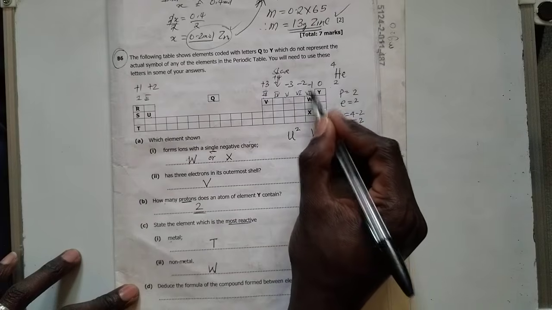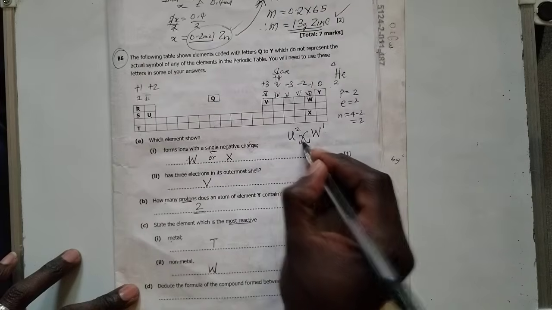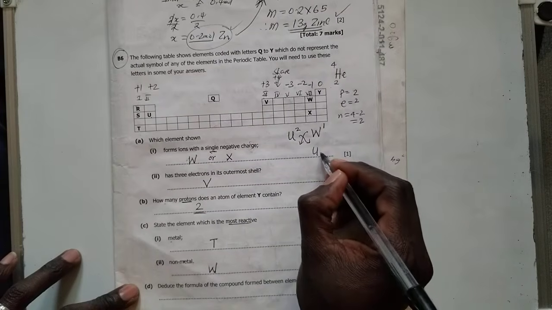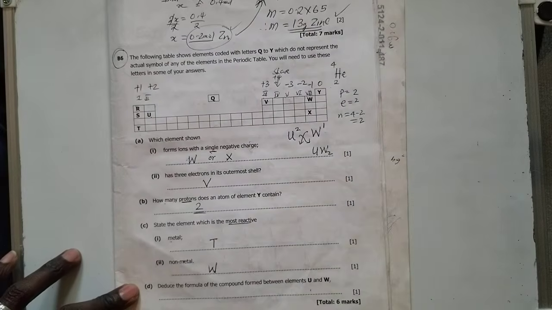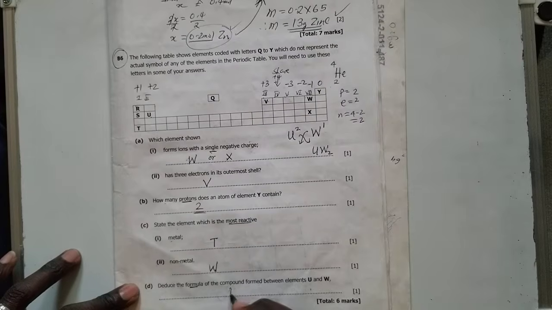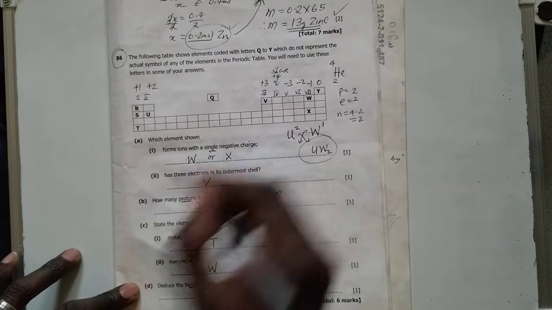All those in group 7 have a valence of 1. So when you exchange the valences, you are going to have U, then W2. So the formula will be U, W, then a subscript 2 there. So that's the way you could have done it.